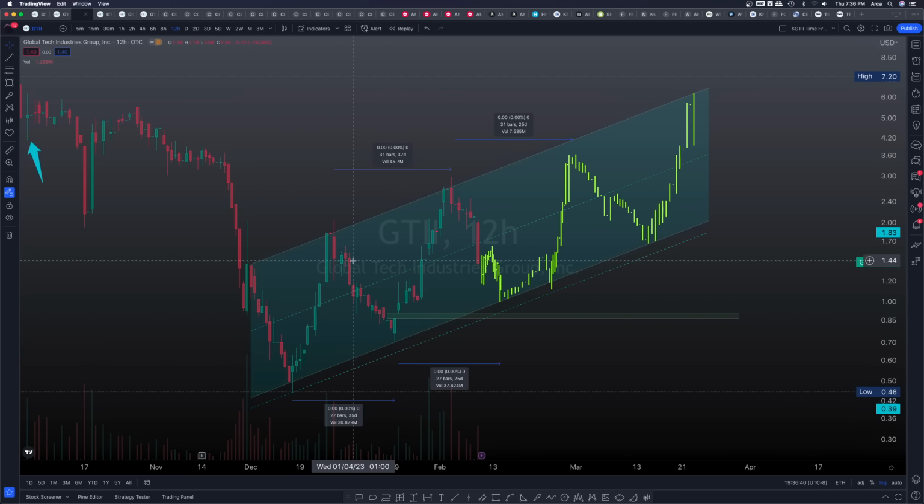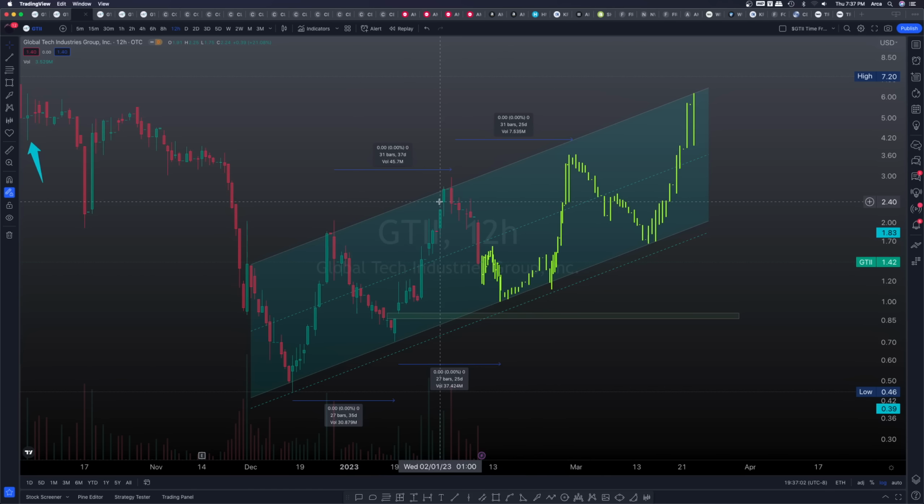So the space between this high iteration to this high, the space between this low to this higher low, it matters greatly. Let me just adjust this. Okay, good.